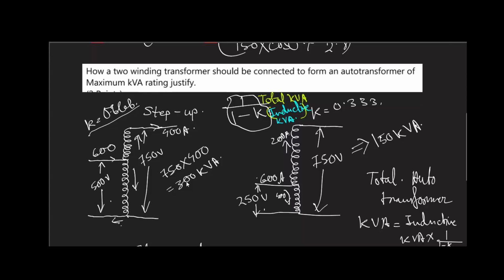Now, the natural question comes to your mind, sir, that generally the low voltage winding is carrying a higher amount of current. So why are you saying so? The answer is very simple, that the low voltage winding, when you connect it with the supply, it can consume the amount of... how to make you understand, like see here, if you see this, then it will become somewhat clearer to you.